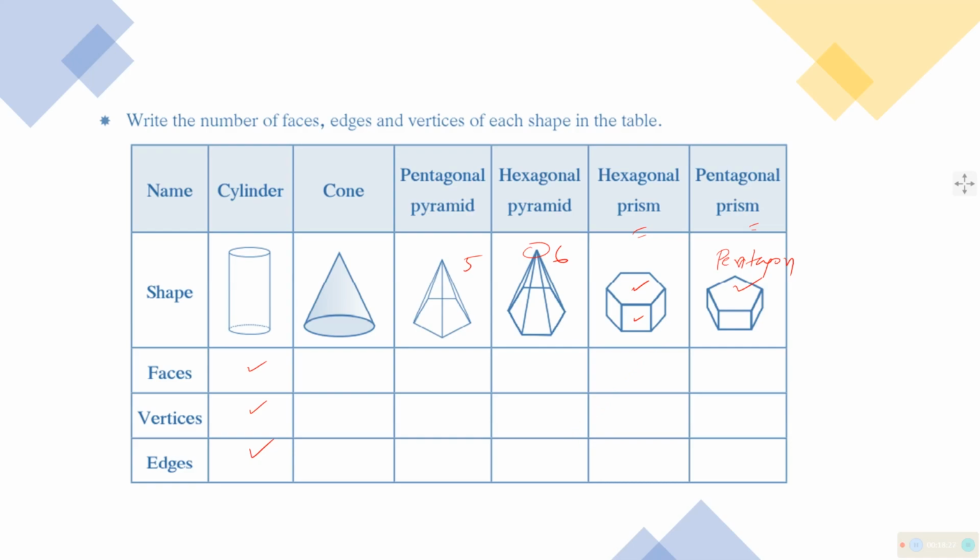So my dear students, these are very fundamental things related to shapes in mathematics, three-dimensional shapes, which you will be studying for their surface area, volume and other things in higher classes. So please be very thorough with them.